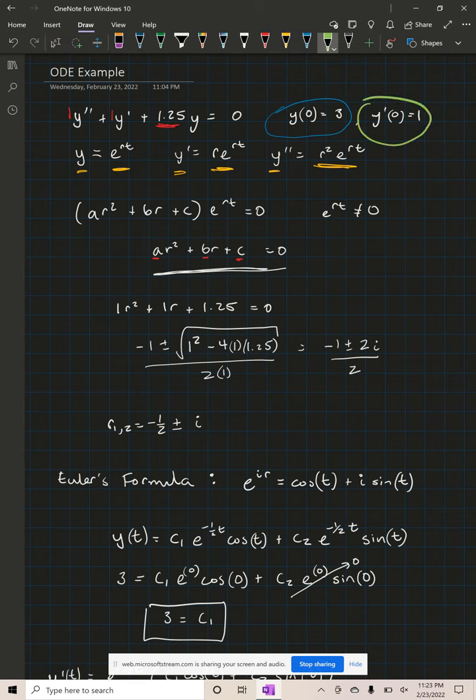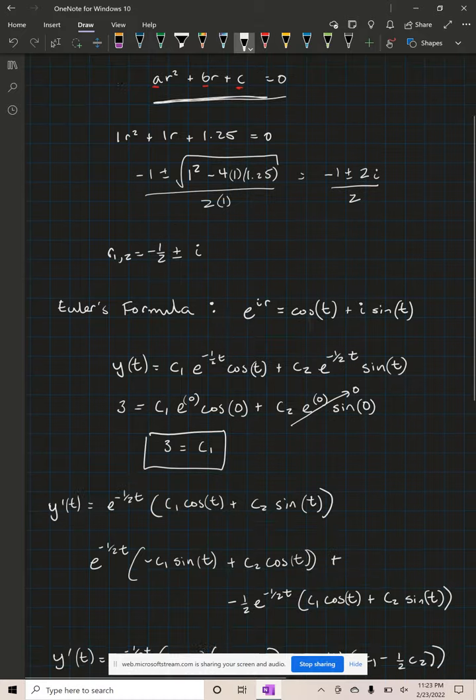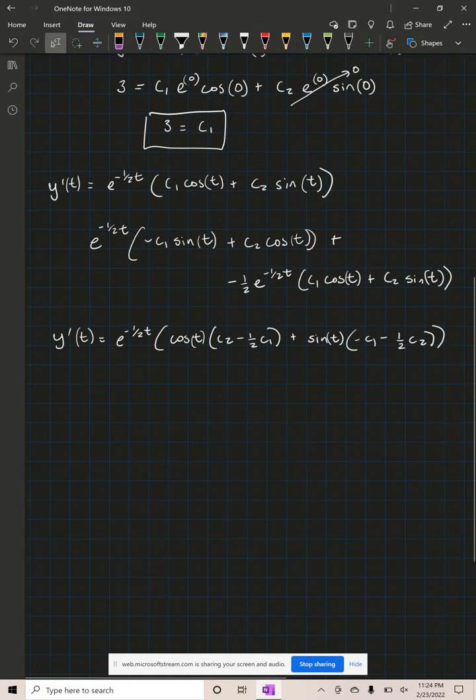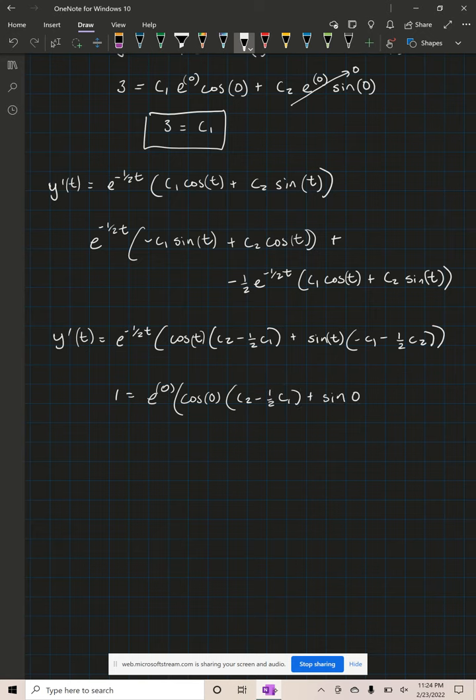Okay, so now what we'll do is we're going to take our second initial condition, which we had right here, and we're going to plug that in for our variables. So y prime of 0 is equal to 1, so we're going to say 1. And then anywhere there's a t, we're going to plug in 0. So 1 is equal to e to the 0 times cosine 0 times c2 minus 1/2 c1 plus sine of 0 times negative c1 minus 1/2 c2.